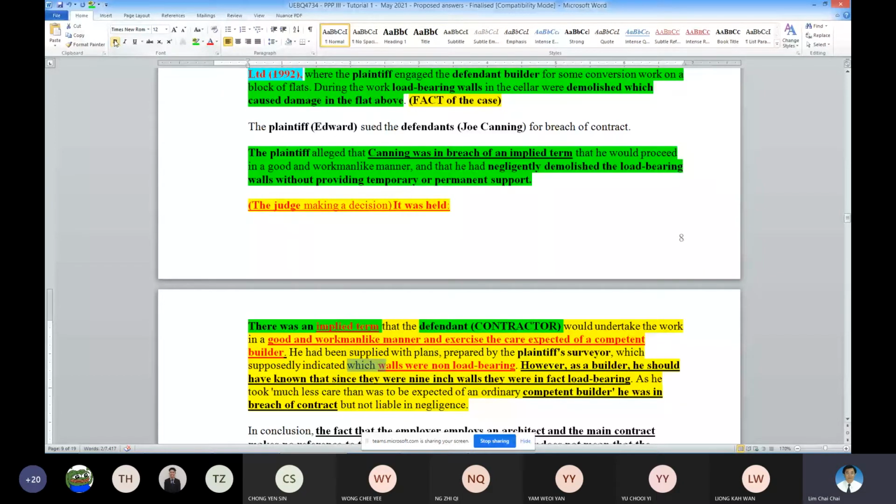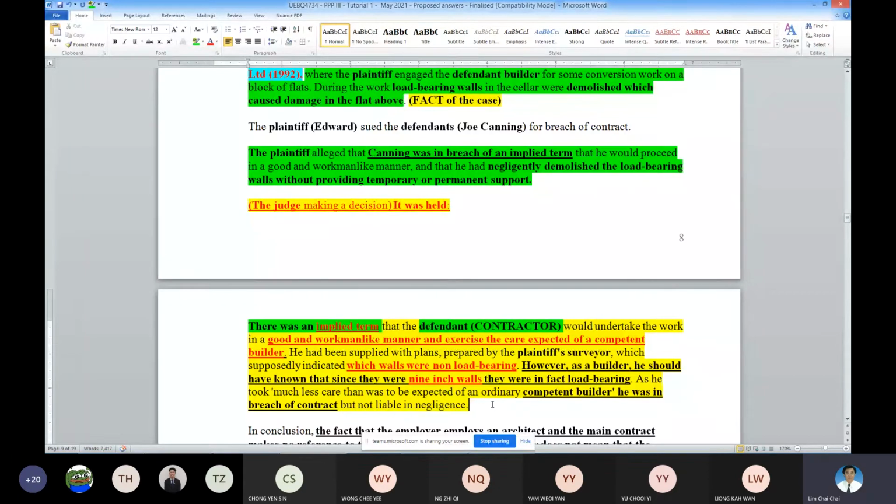Now what happened is this: as a builder, he should know that when something is a 9-inch brick wall, even though it's not described in the drawing, as a competent builder you need to know that a 9-inch brick wall means load bearing. Although the drawing doesn't show whether it's load bearing or non-load bearing, a competent builder needs to know that a 9-inch brick wall is load bearing.